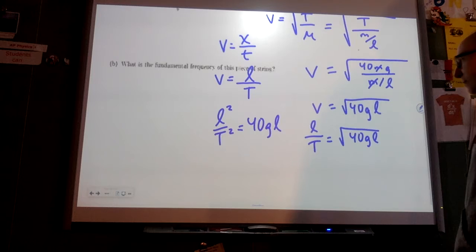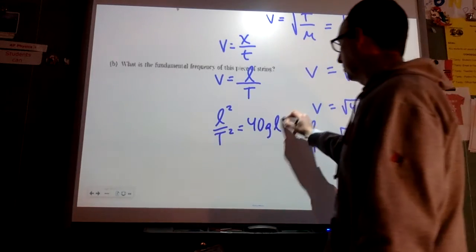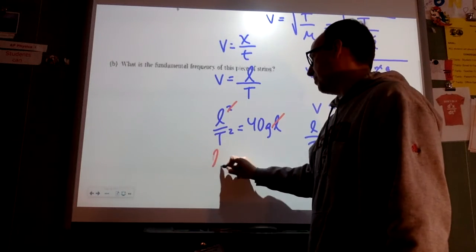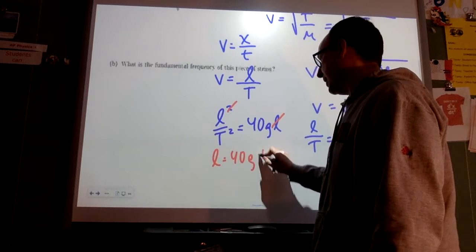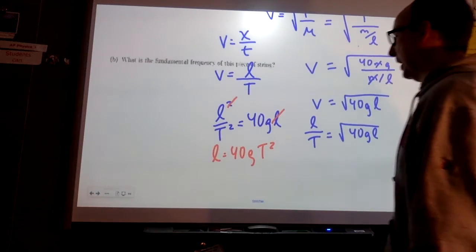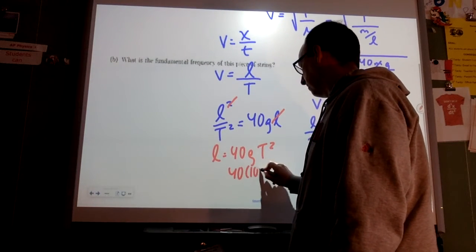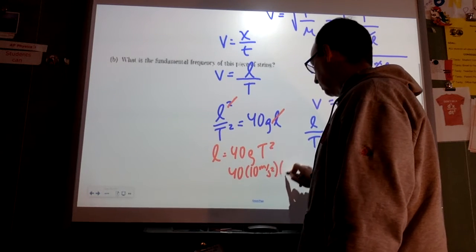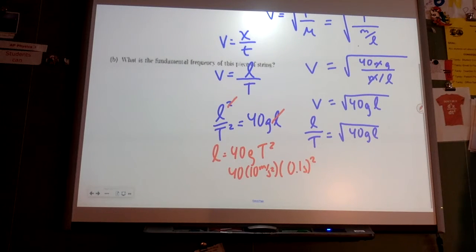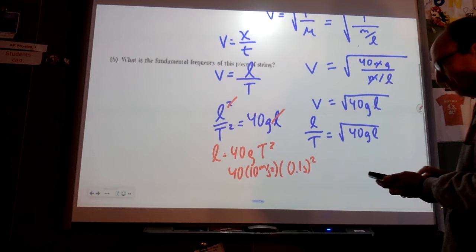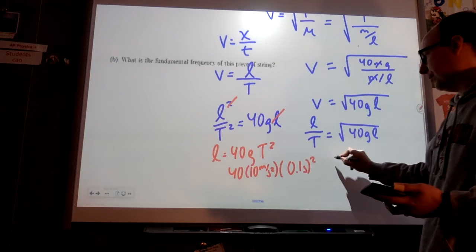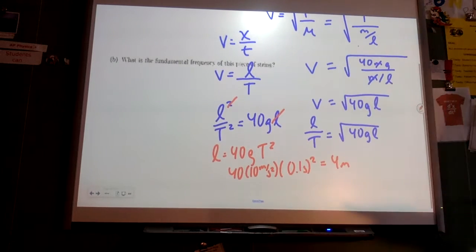And I can cancel out an L. And multiply both sides by t squared, and I get L equals 40 g t squared, and t is 0.1 seconds. So the length is 4 meters.